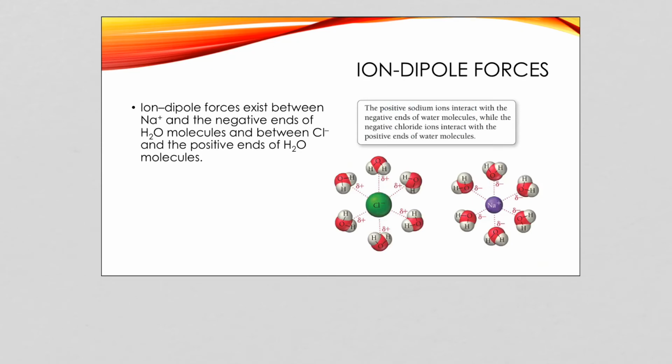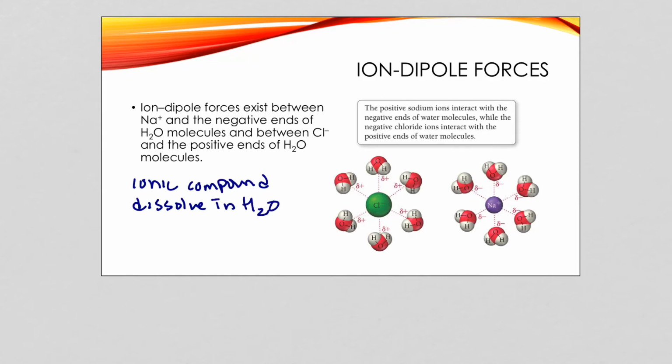Now, there is one additional intermolecular force that I want to mention. This is not present in pure materials, right? This is a very specific type of interaction that is present when ionic compounds dissolve in water.